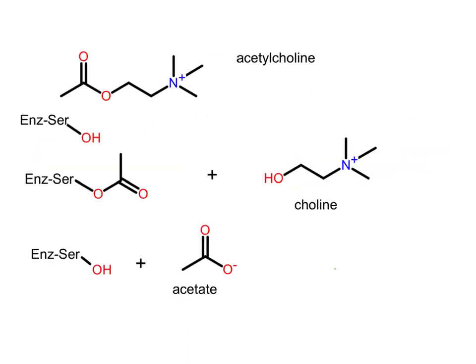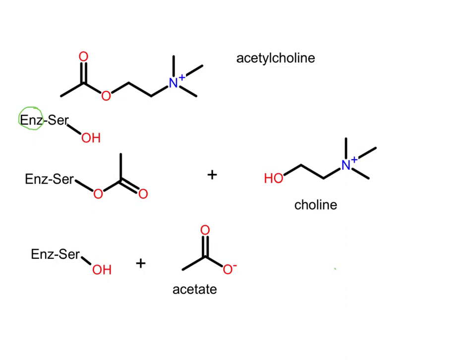So let's see now how the enzyme achieves the splitting of the acetylcholine molecule. And that huge three-dimensional molecule that we saw before, which the enzyme actually is, I've abbreviated to just ENS for enzyme.